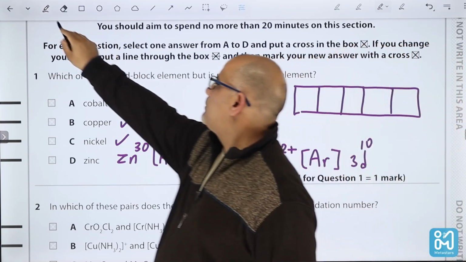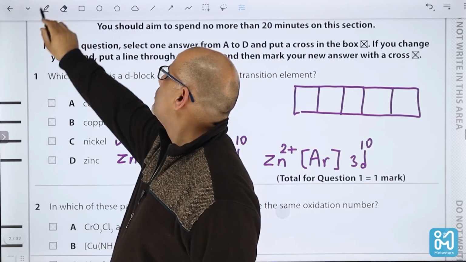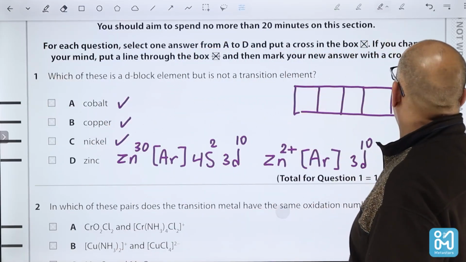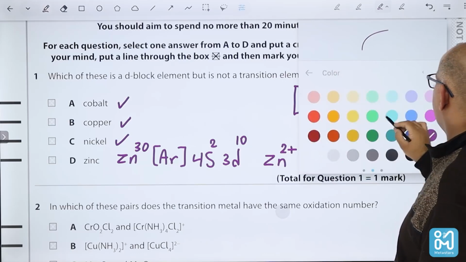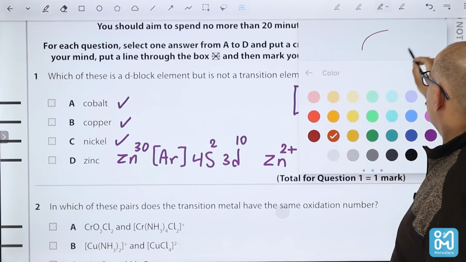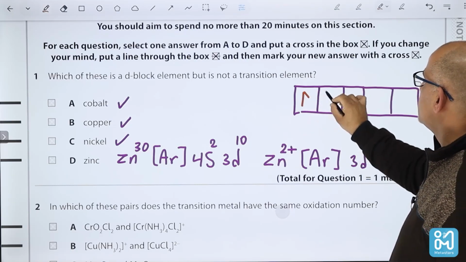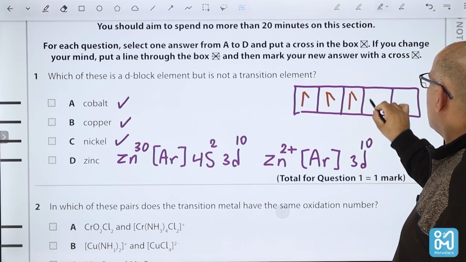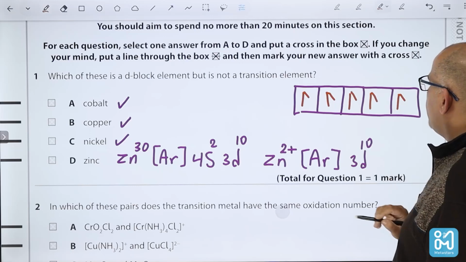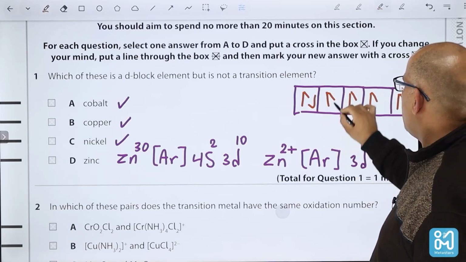You should apply Hund's rule when you fill the electrons in the orbitals.